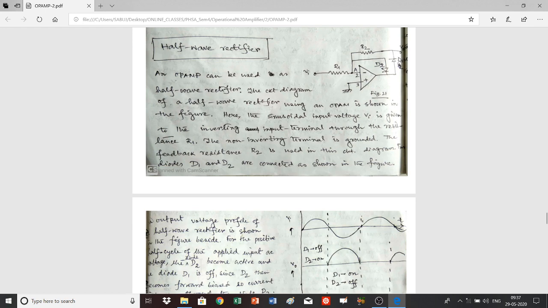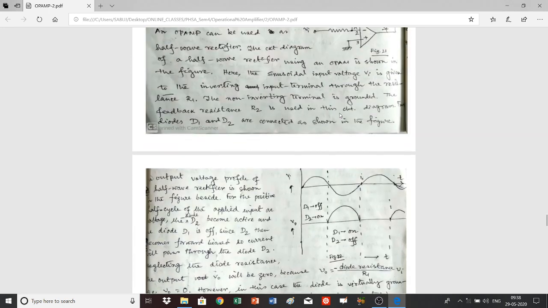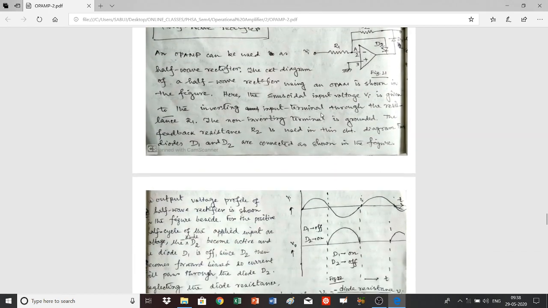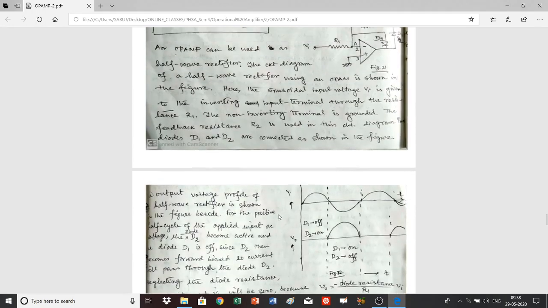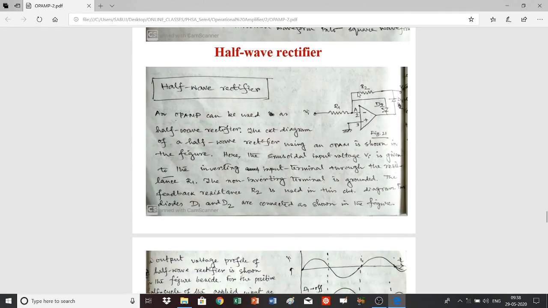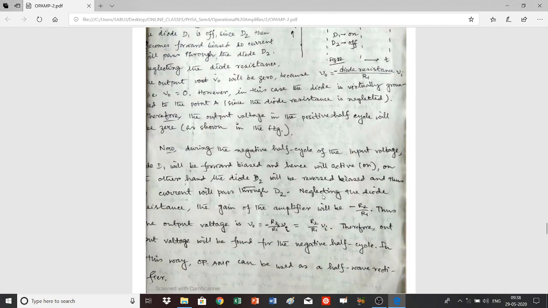If the diode resistance is taken as negligible, the output V0 will be equal to the gain. What will be the gain? It is determined by the net resistance acting in this connection. The diode resistance is 0, as we considered, so the effective resistance is R2, and you know that the gain is equal to the feedback resistance divided by R1, that is, R2 by R1. So V0 will be minus R2 by R1 times Vi. Why the negative sign?